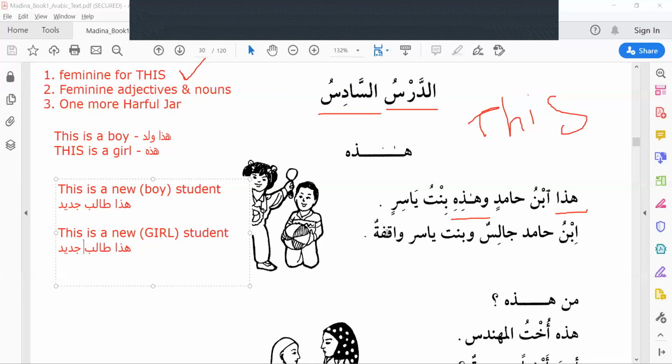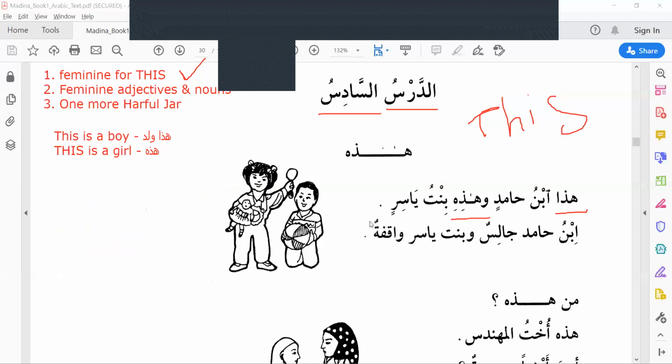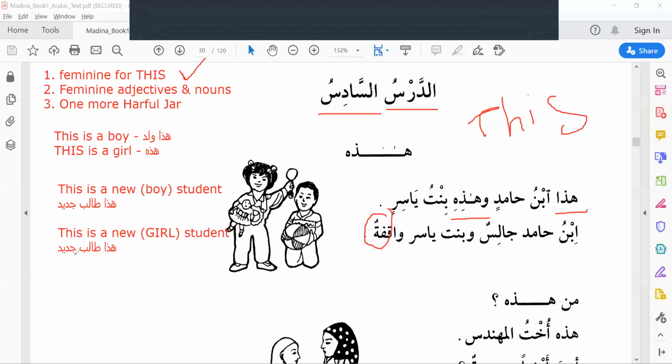You have to put this ta at the end here. So, thalibatun, here also jadidatun. If you want to make a noun or adjective feminine, just add a ta marbuta at the end. Just add a ta, then it will become feminine.